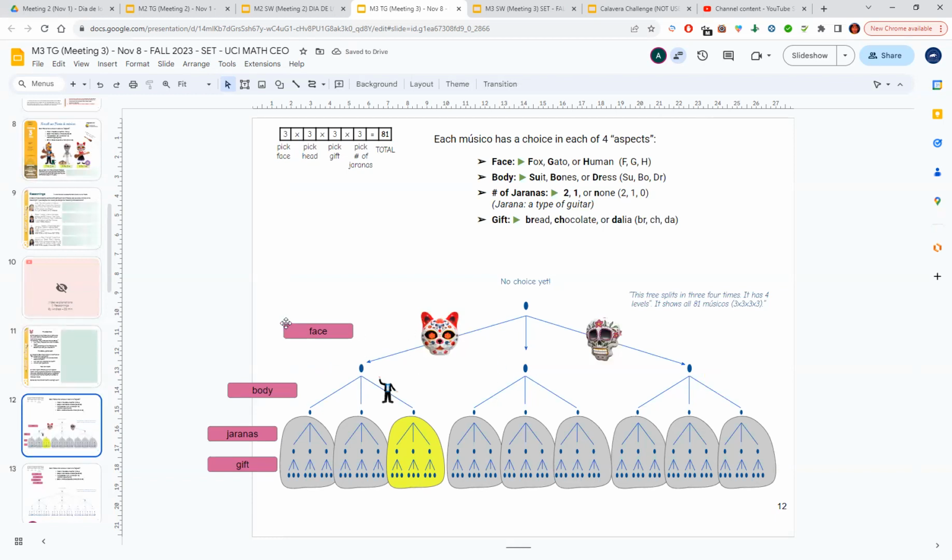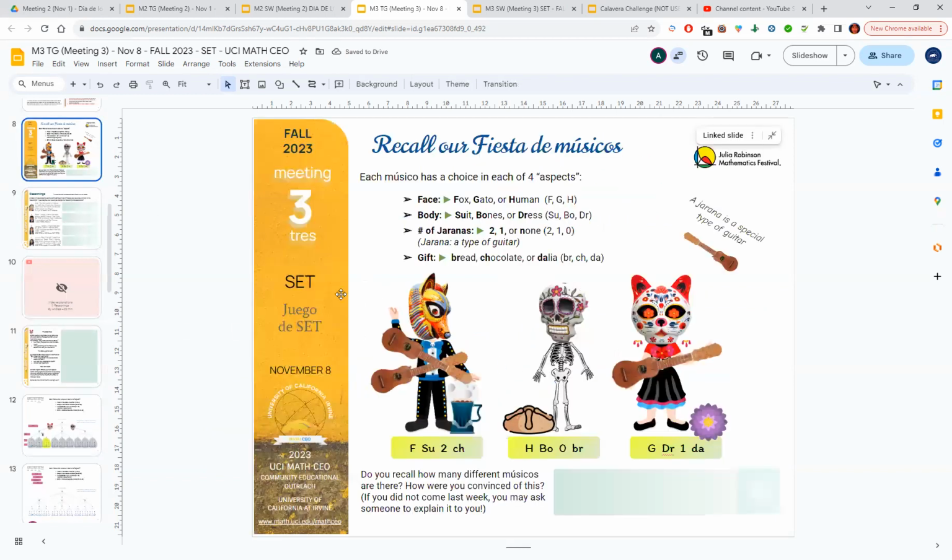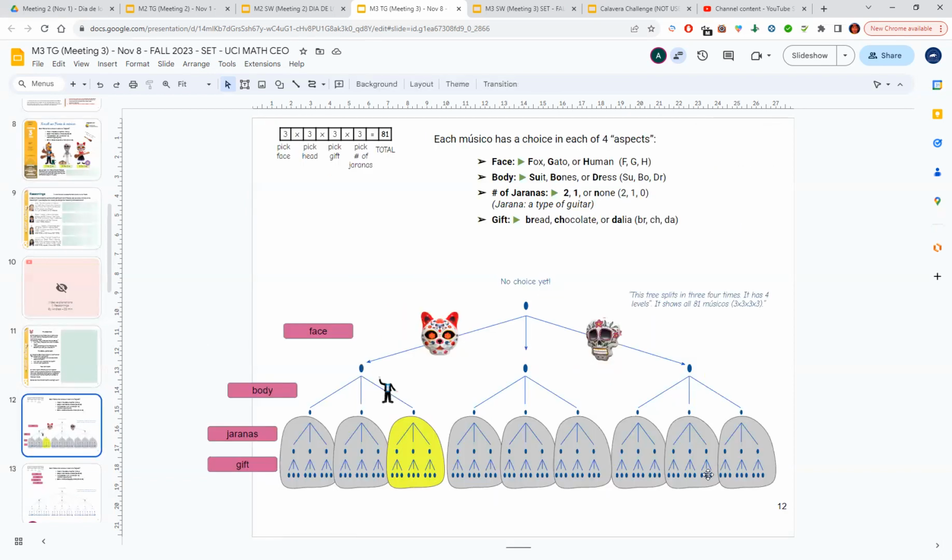Or how many humans, let's say, this is a nice one. Let's say how many humans have chocolate. So depending on the gift, have bread, depending on the gift where it is. Let's put it here, maybe. So that is our next to last choice. Regardless of the body, for the gift, it would be here.